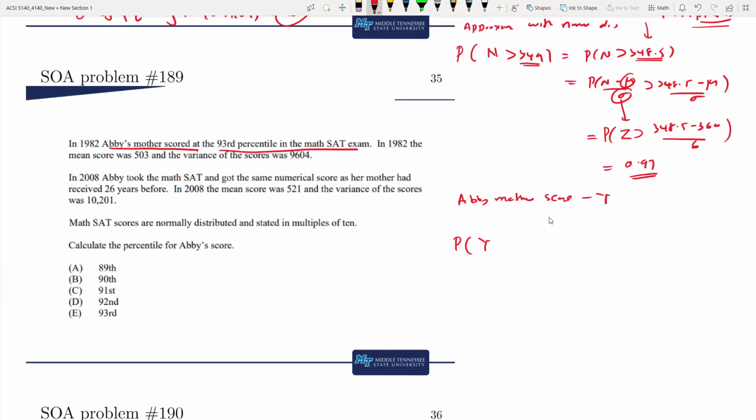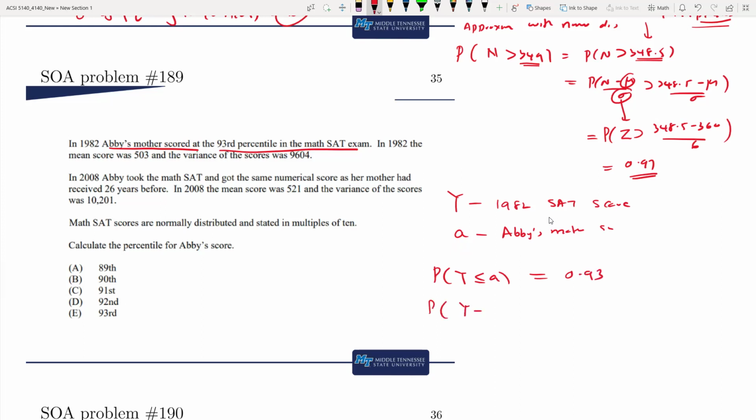Let's say the SAT score is y, and Abby's mother's score is some particular number A. So y is the SAT score from 1982, and A is Abby's mother's score. So probability y less than or equal to A is basically 0.93.